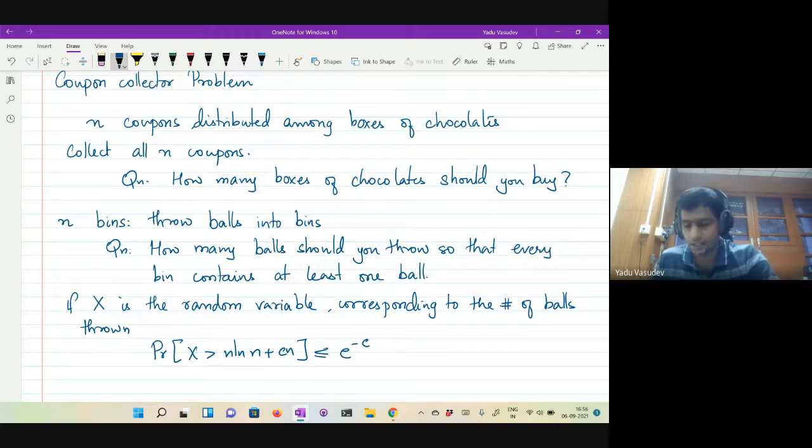This is what we saw in the earlier lecture when we studied the coupon collector problem. We saw the geometric random variable and so on, and then we did the analysis, and this is what we saw, right? So now we will actually give a tighter analysis, right?